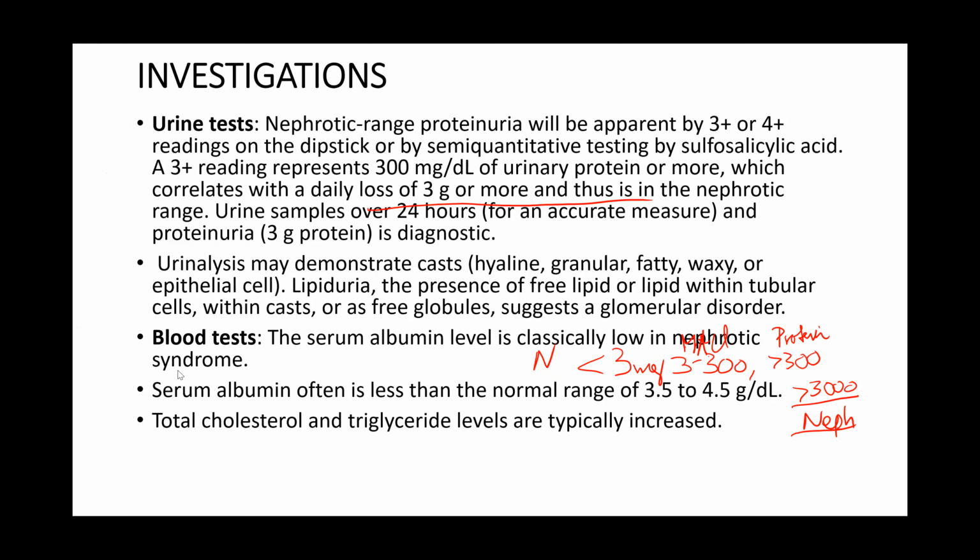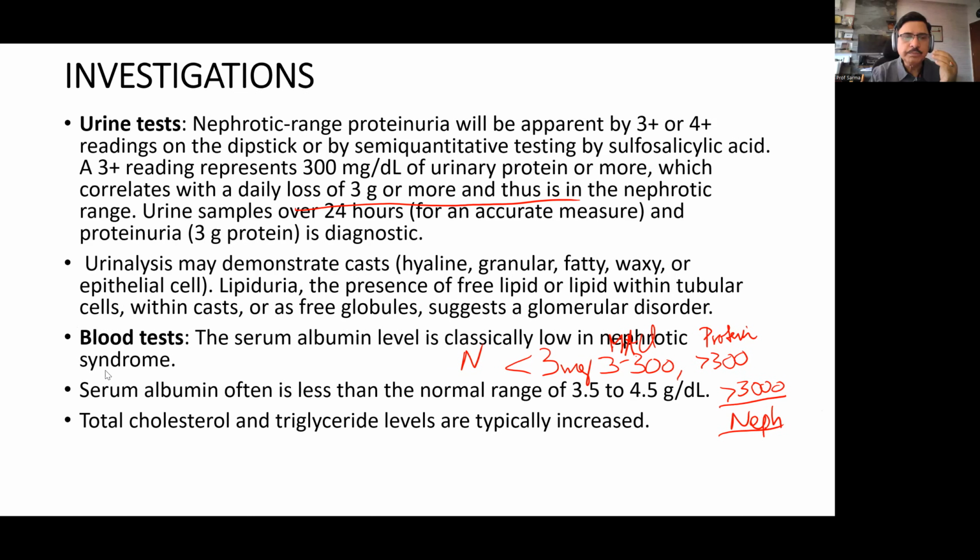Urine analysis may also demonstrate casts, which can be hyaline, granular, fatty, waxy, or epithelial cells. And lipiduria, the presence of free lipid or lipid within the tubular cells or within casts or as free globules, suggests a glomerular disorder. Remember here, the casts are hyaline, granular, fatty, waxy, epithelial casts, and not RBC casts.